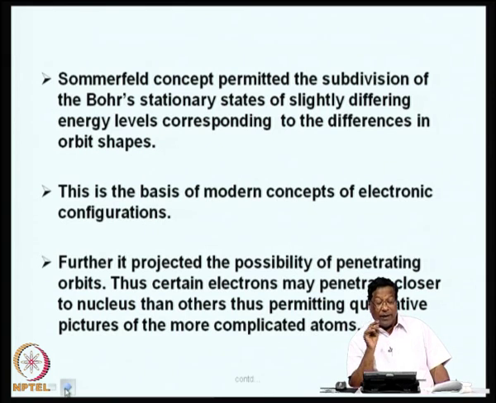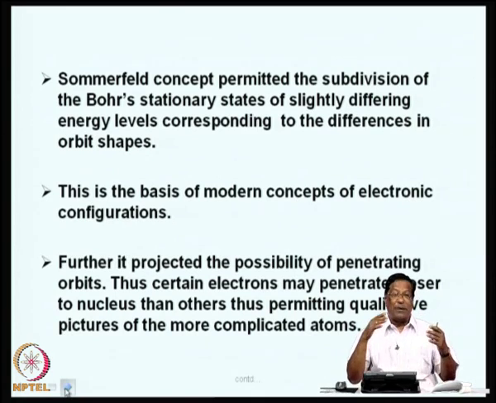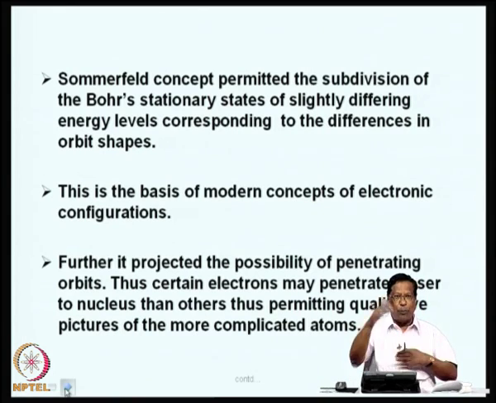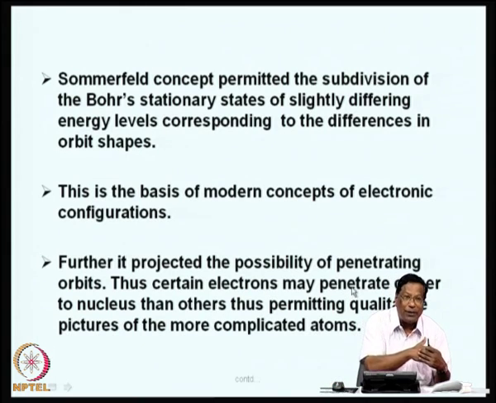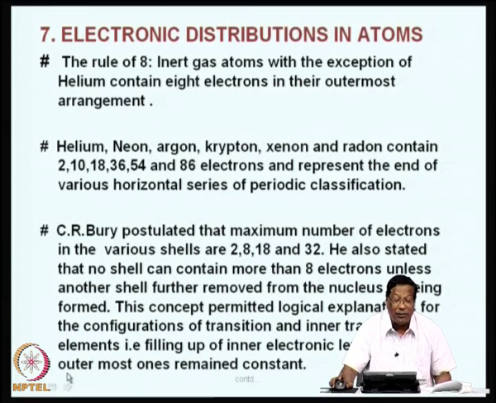Further, it projected the possibility of penetrating orbits. Penetrating orbits means the orbits need not stay independent of each other, but the electron could move into the orbit of another level also. That means the electrons could move back and forth in different orbits. So, this was a very important concept, which projected the possibility that certain electrons may penetrate closer to the nucleus than expected, thus permitting qualitative pictures of more complicated atoms.